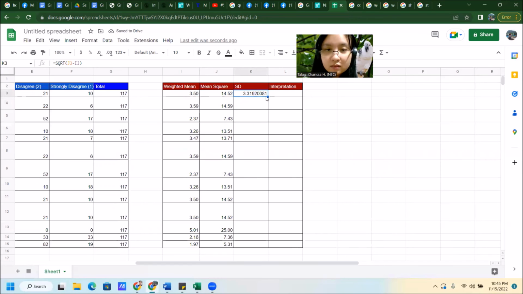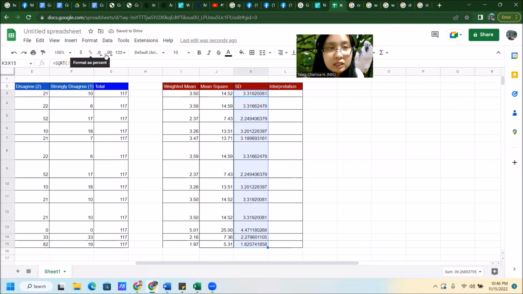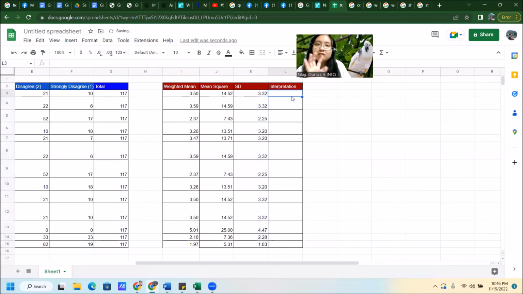Yan. So, drag ulit pababa. Let's make it 2 decimal places. Or, let's make it 3. Okay, pares na naman eh. Nakuha na natin ang standard deviation.